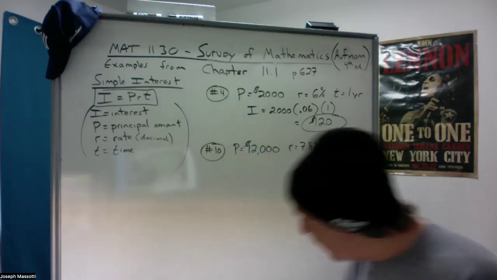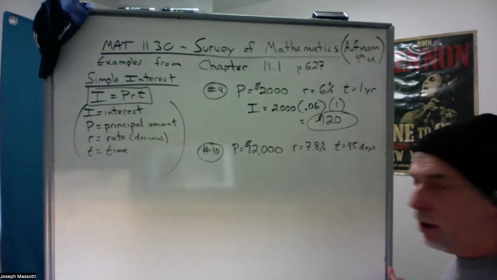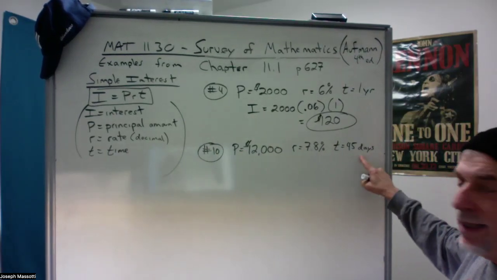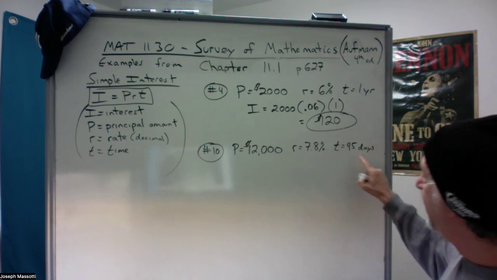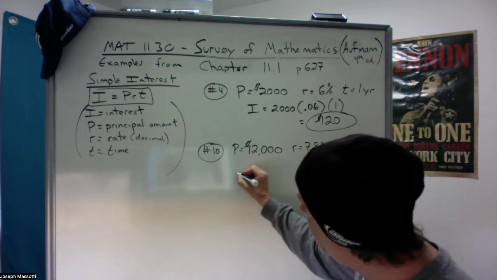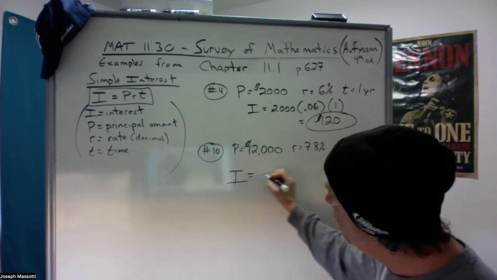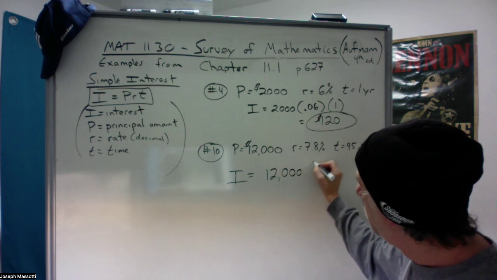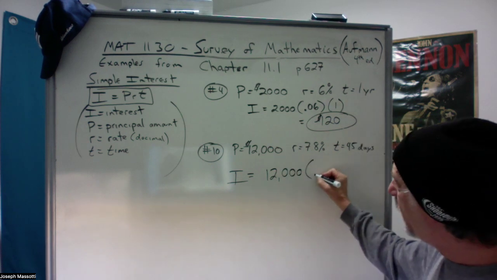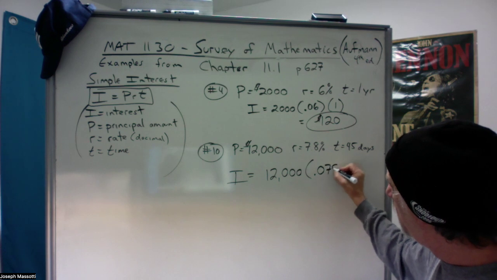And just to do an example where it's not just 1 year, but it is in something other than 1 year. It's in 45 days. So here we're just looking at the interest being the principal times the rate. Again, change the rate to a decimal.